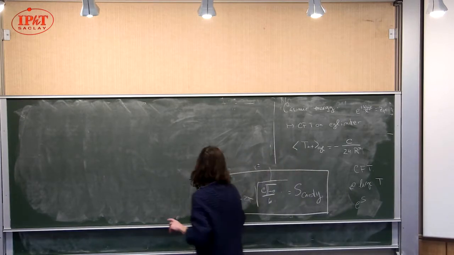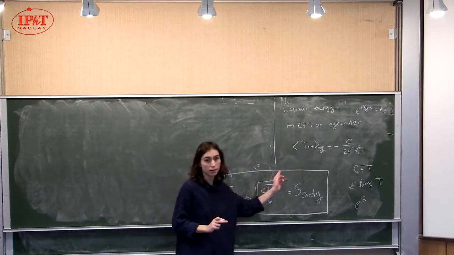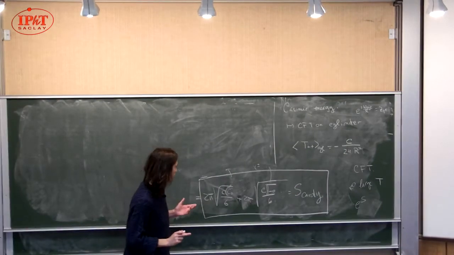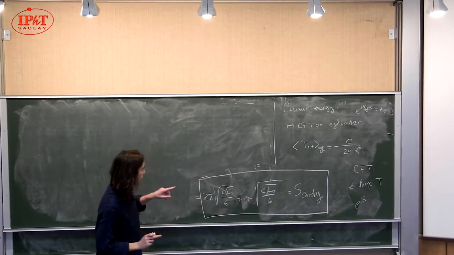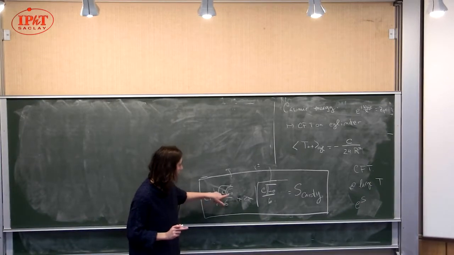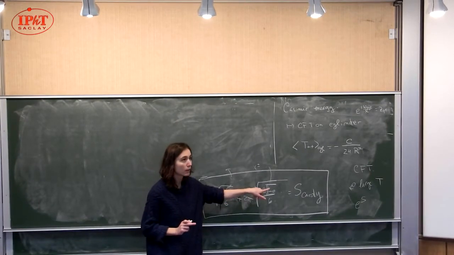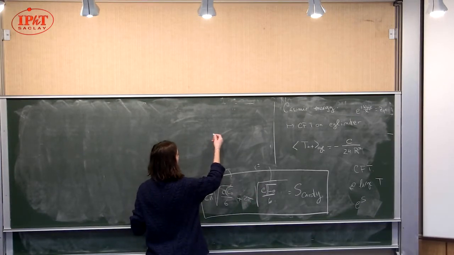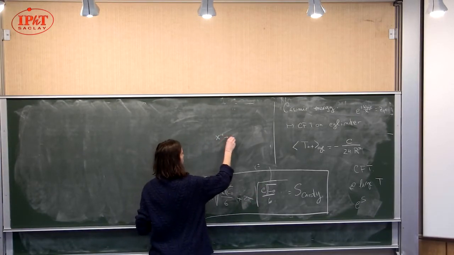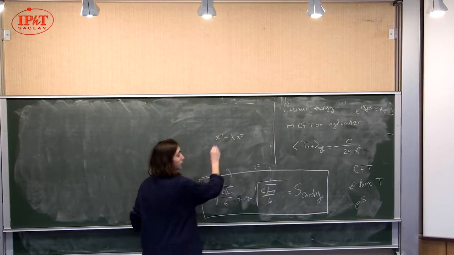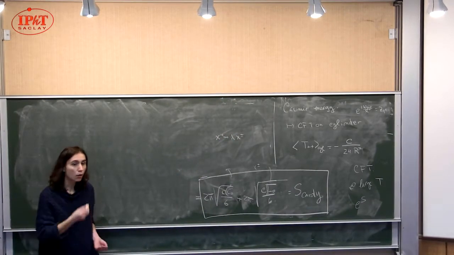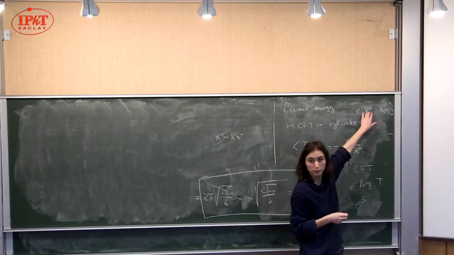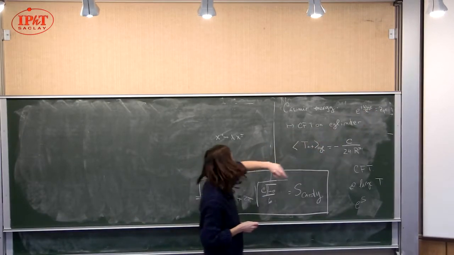So usually when people write L naught and L naught bar, they refer to, so this is not very clear notation. On the plane, remember, L naught and L naught bar were the dilatation and Lorentz generator, so x plus goes to lambda x plus minus. But now we want to be on the cylinder, so we need to do this transformation to go to the cylinder.